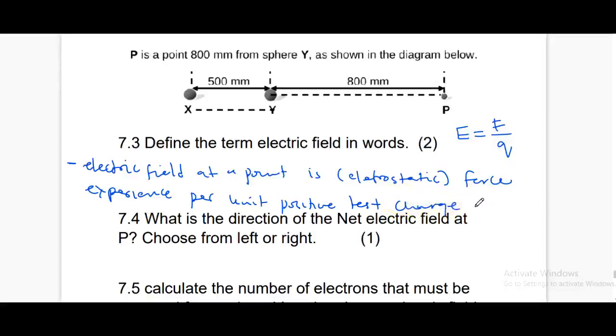Okay, per positive test charge, at a point.